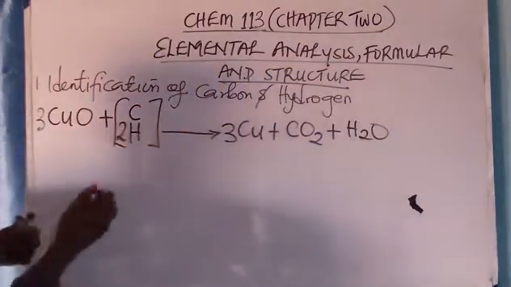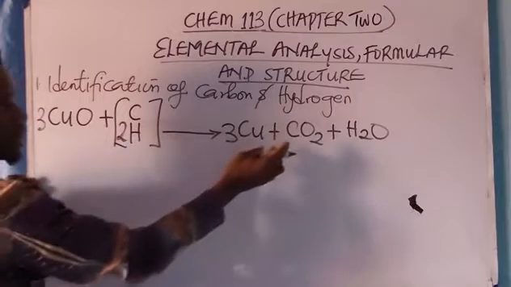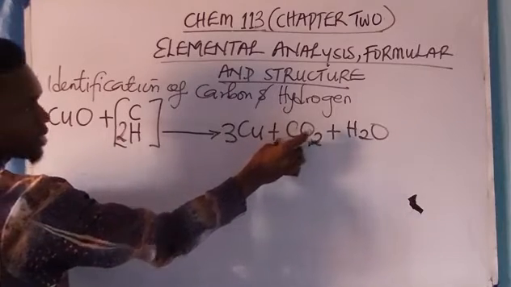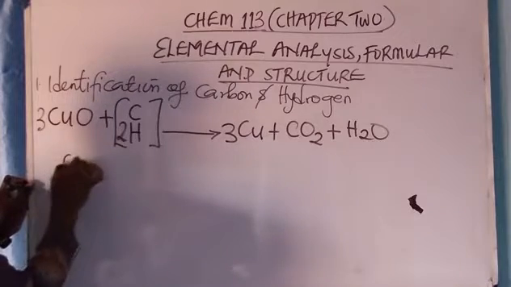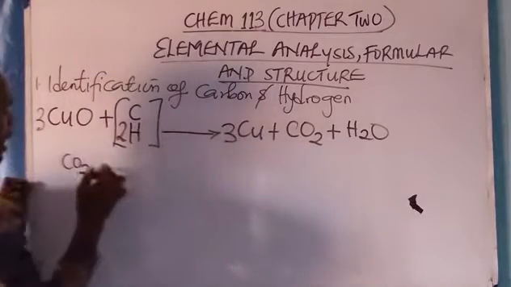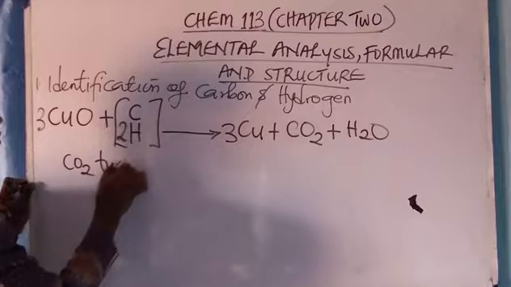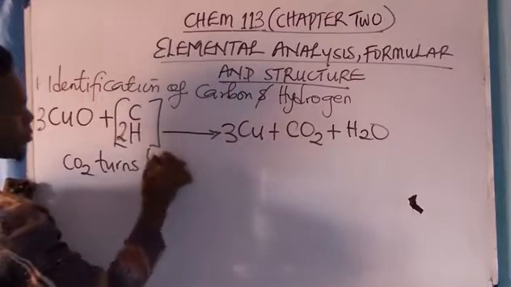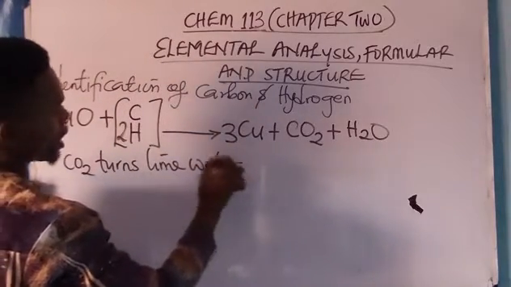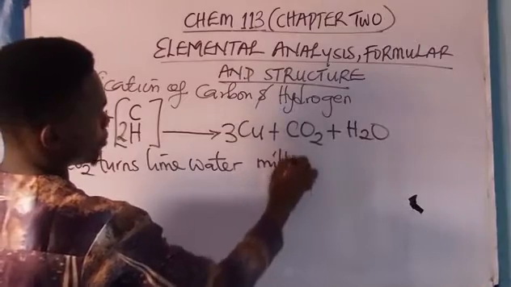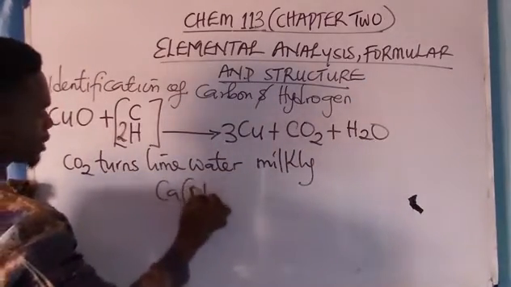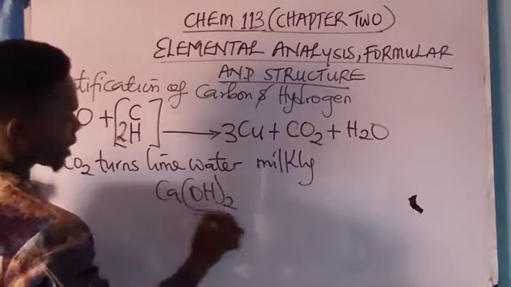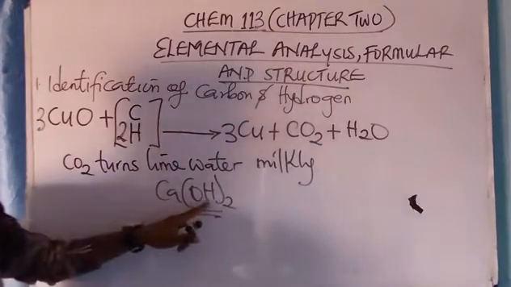Now you can see that carbon 4 oxide and water were formed alongside copper. You agree with me that carbon 4 oxide turns lime water milky. Lime water is actually calcium hydroxide.